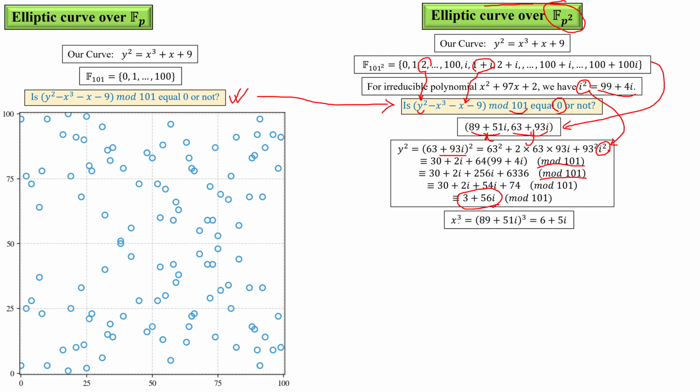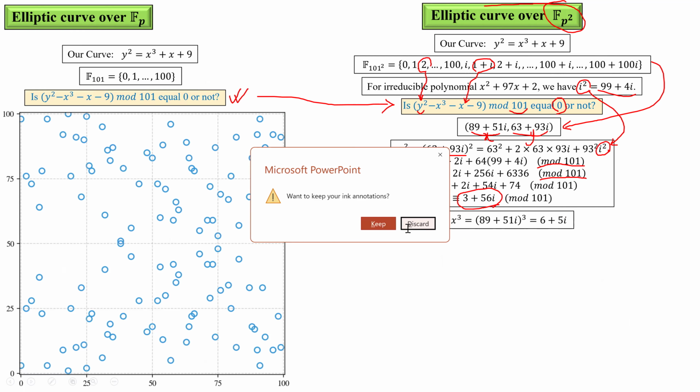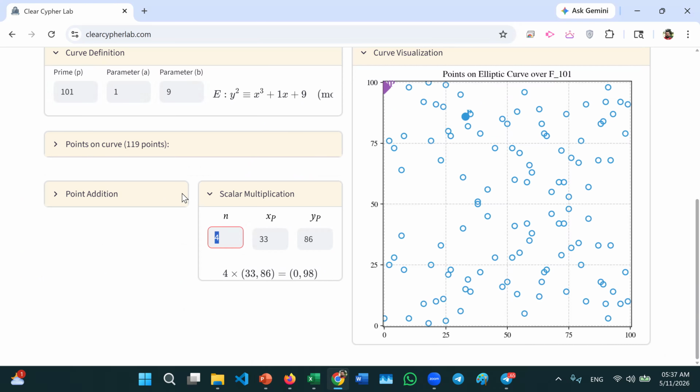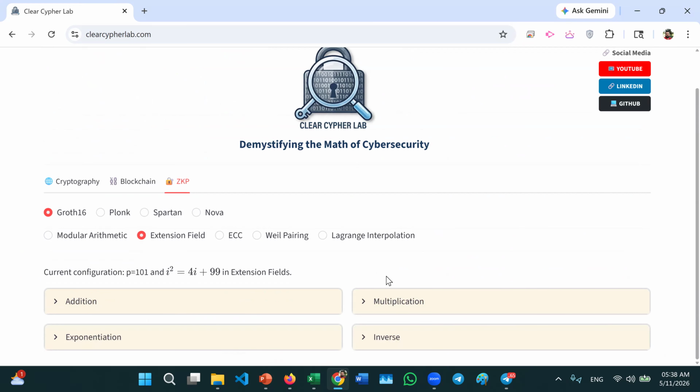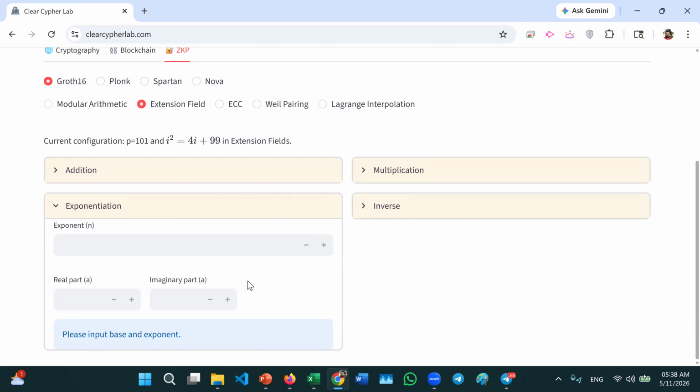So the value of x squared equals 6 plus 5i using the same method or using the website. So let's see our website. In our website, we have the extension field computation. We have the exponentiation, right?